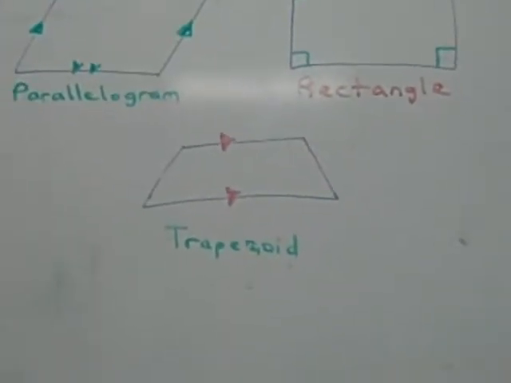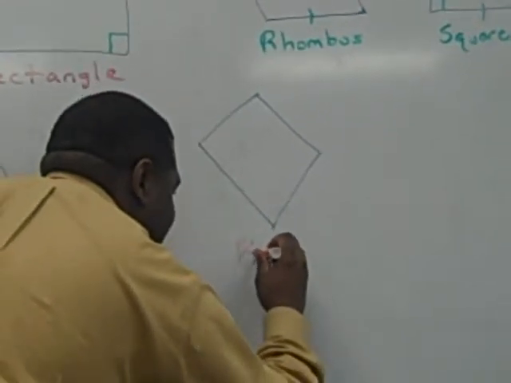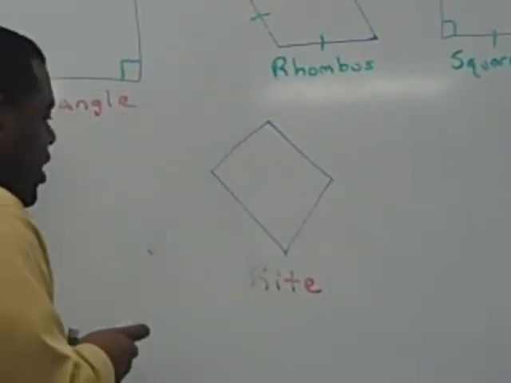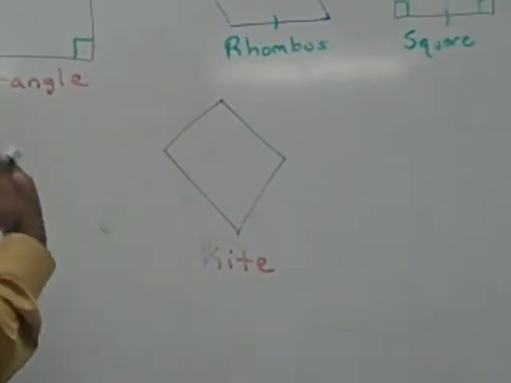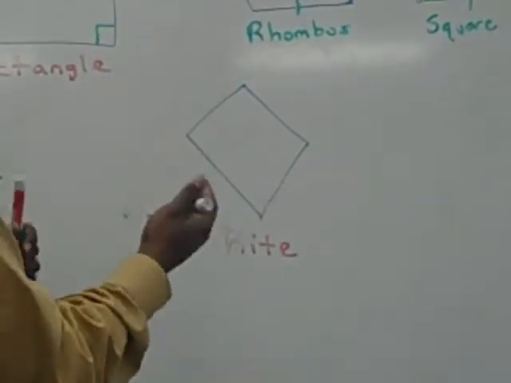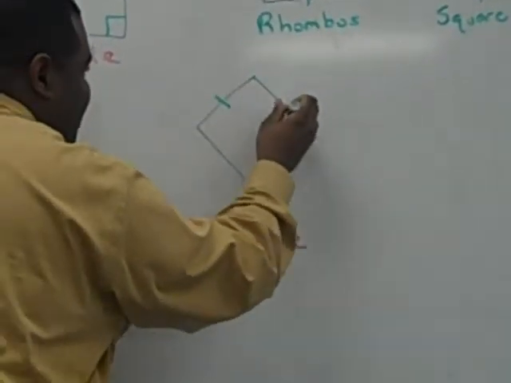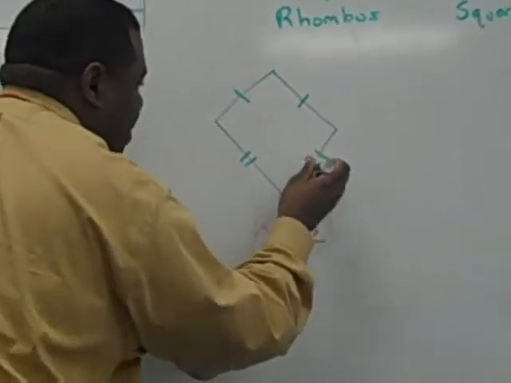And then finally, this shape here is our kite. Remember, a kite has 2 congruent pairs of sides that are consecutive. So like this side and this side are congruent, and this side and this side are congruent.